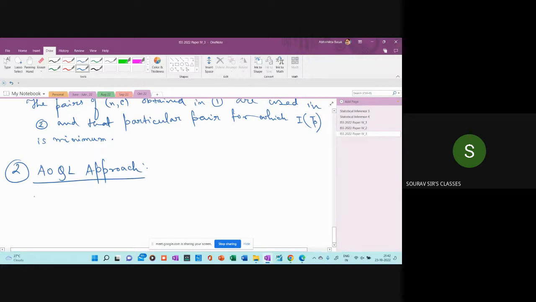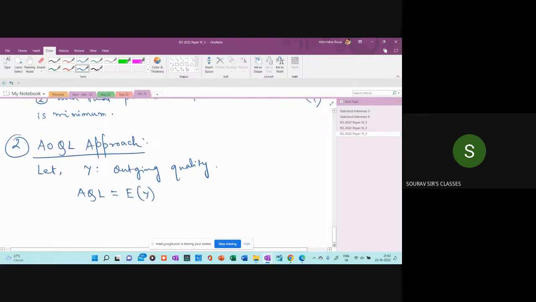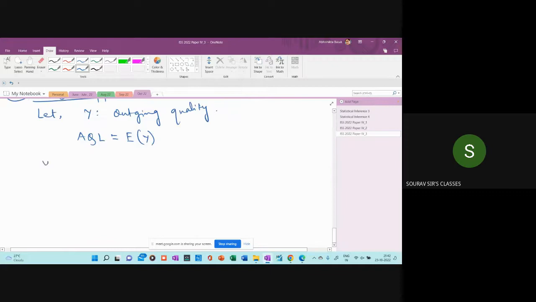What we are assuming over here is let Y be the outgoing quality. Okay, so the AOQ, which is my average outgoing quality, is going to be the expectation of Y. So we need to define Y. What value will Y take? The probability that capital Y will take the value small y, this we need to determine.